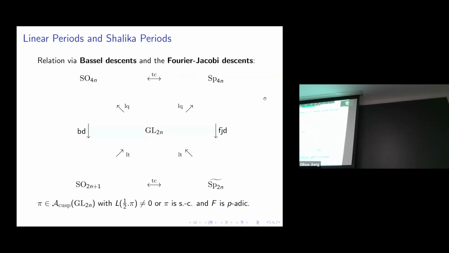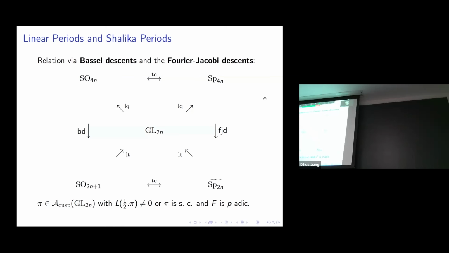So this side is the Bessel period, either local or global, okay? And this side is the linear period, okay? I will explain some details, but let me just explain this diagram first, okay?